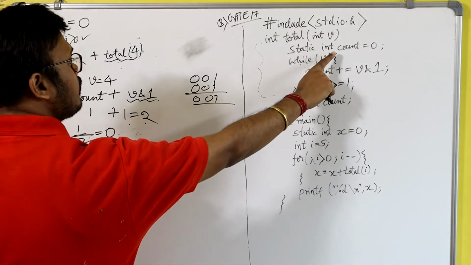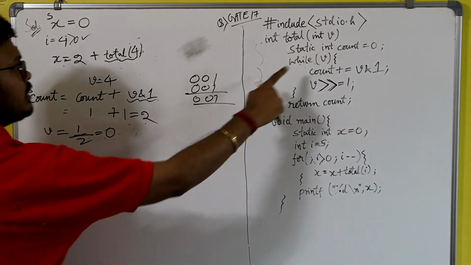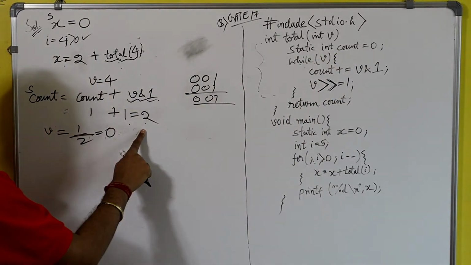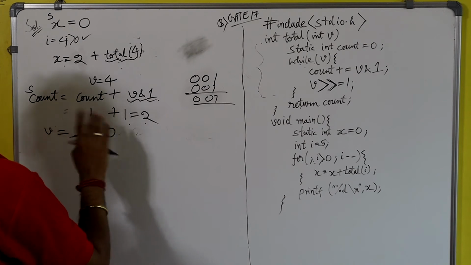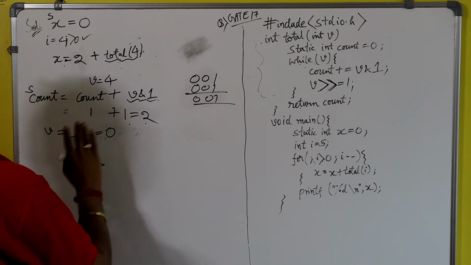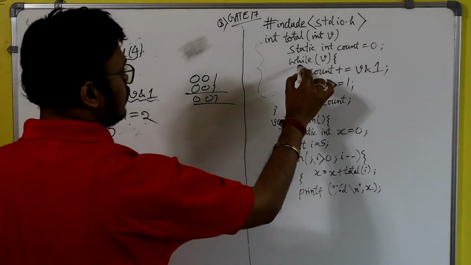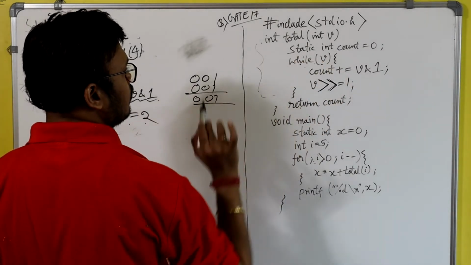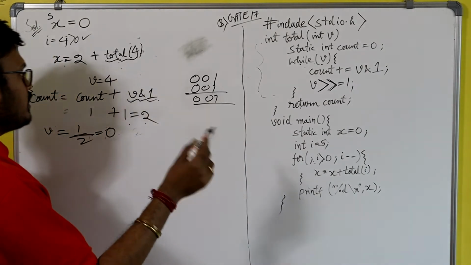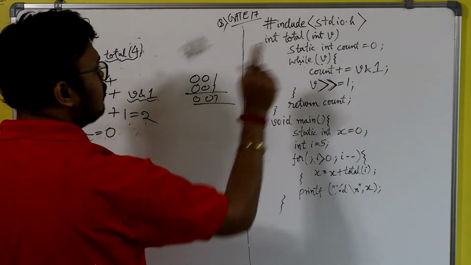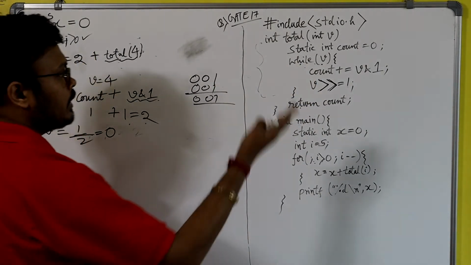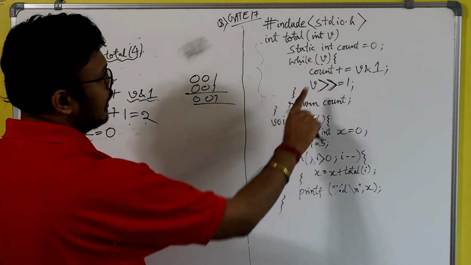So just remember the value of static variable count was 2. Okay, so now while v means what? What is the value of v? 4. So while 4, yes, it's a true statement. So let's come inside the while loop.